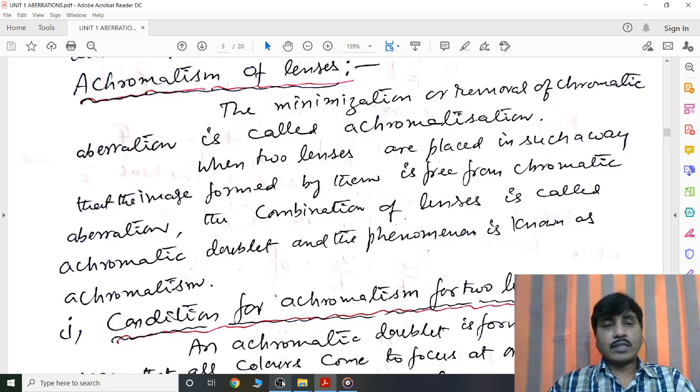For achromatism, we have to use two types of combination of lenses. In the first combination, two thin lenses are placed in contact, and in the second combination, two thin lenses are separated by a distance coaxially.